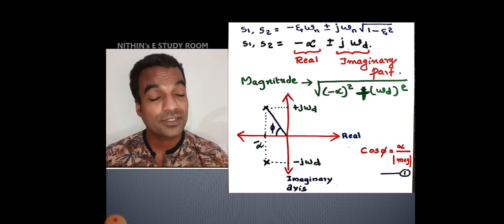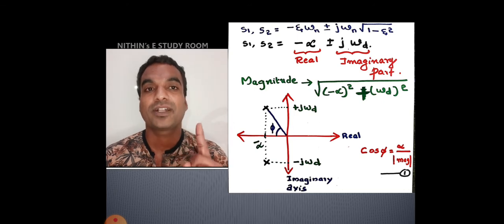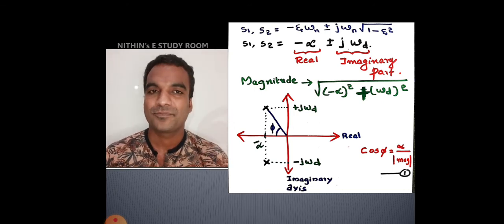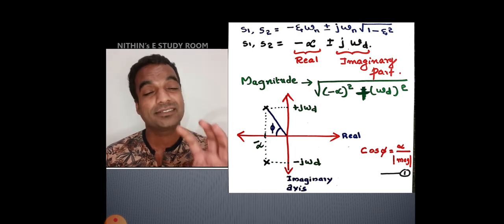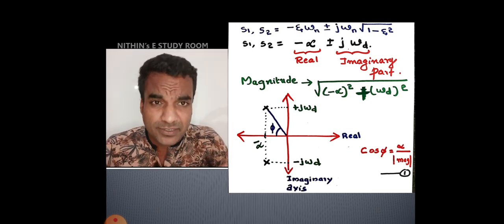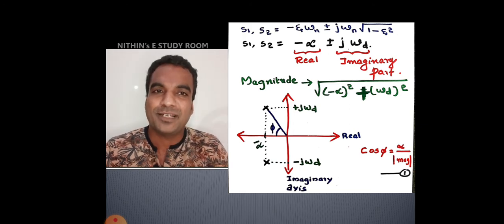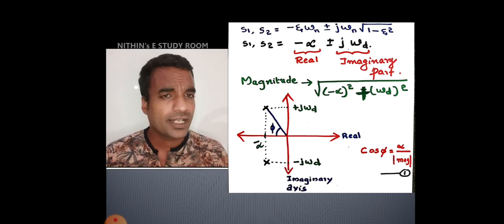But for that case, eta should be 1. Eta should be 1 means eta is maximum. Eta's range is 0 to 1. So you are damping the system. Damping means you are giving some friction to the system. Then definitely that system will become stable. That is the concept I want to convey.